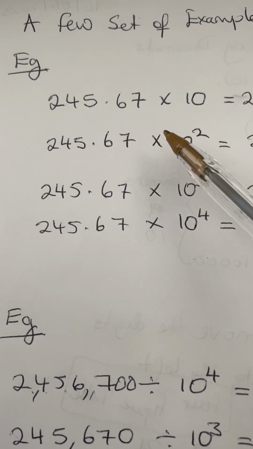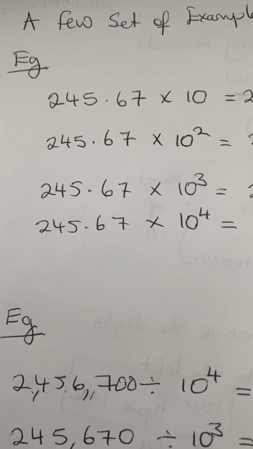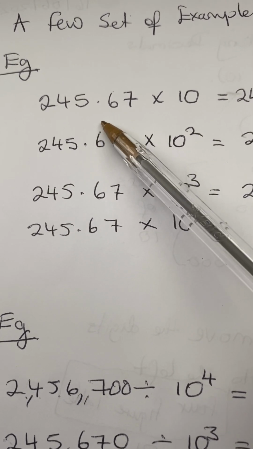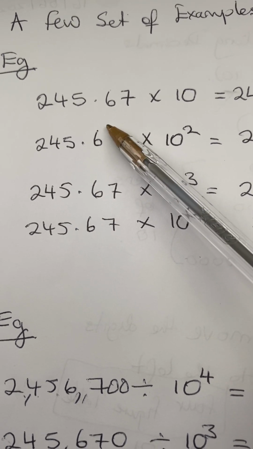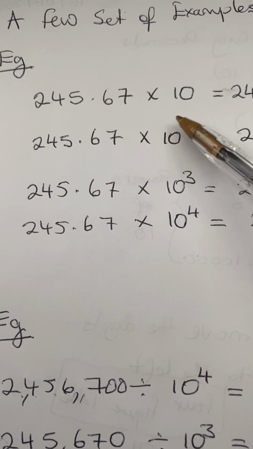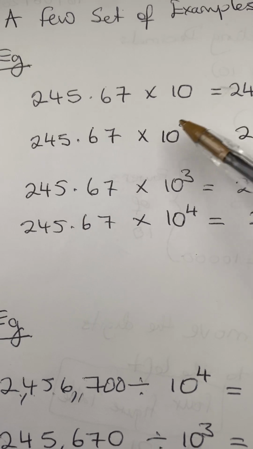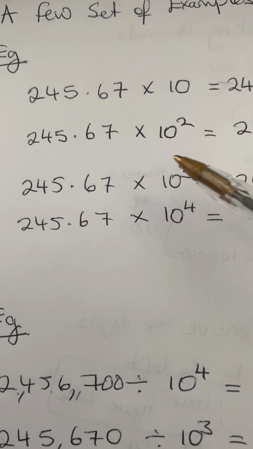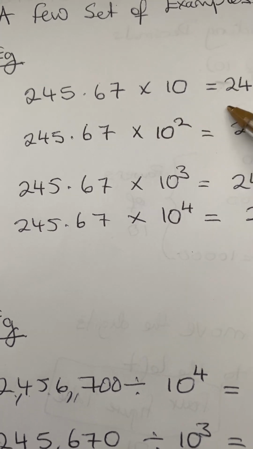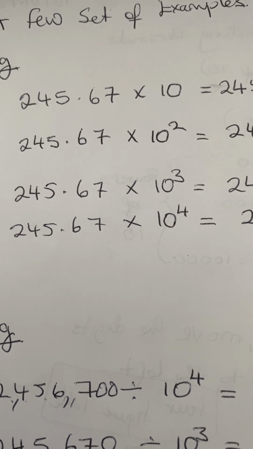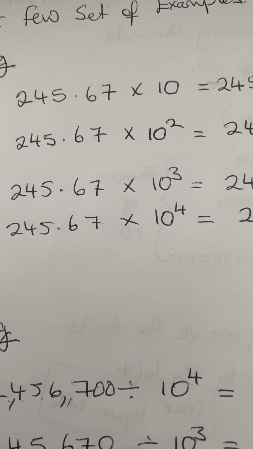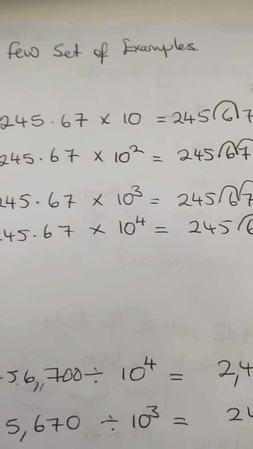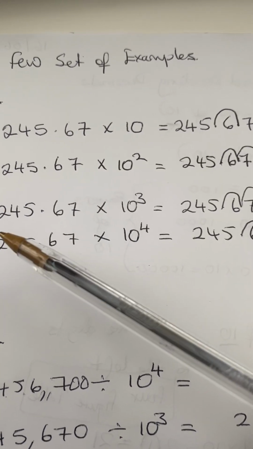When you go home, when you finish watching this video, make up a number or use my number, watch the video, and then pause it and make sure you understand the concept. So basically, if you are multiplying, you move forward. If you are dividing, you move the decimal place backwards.